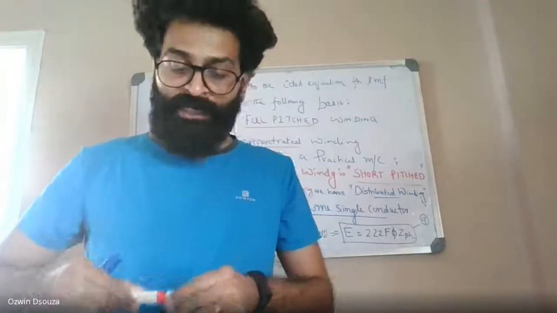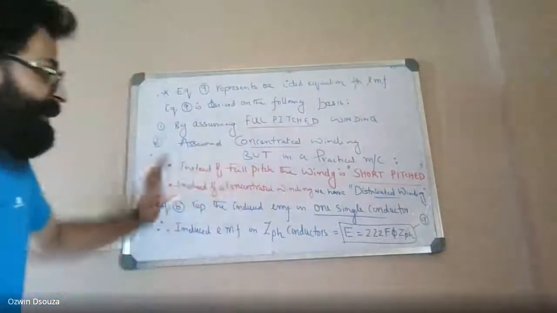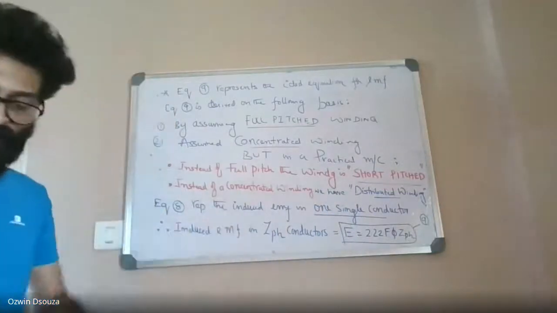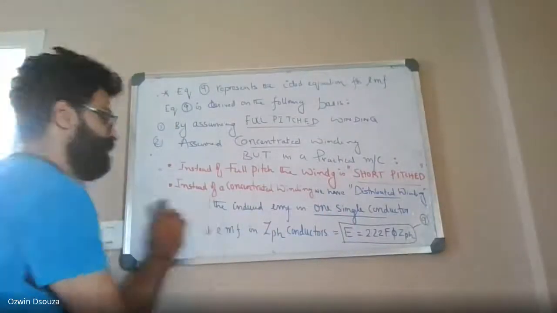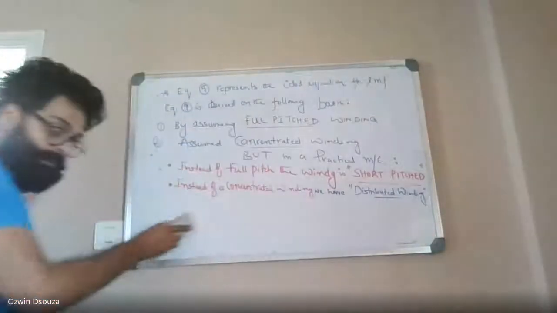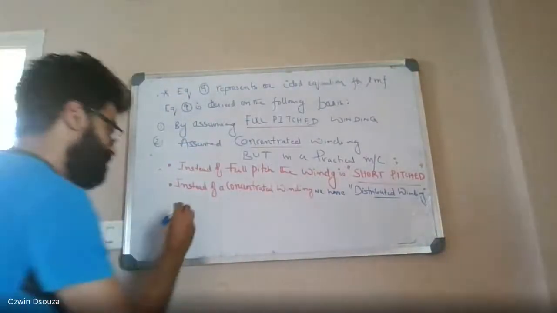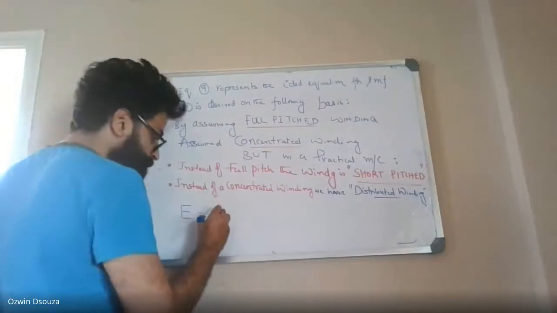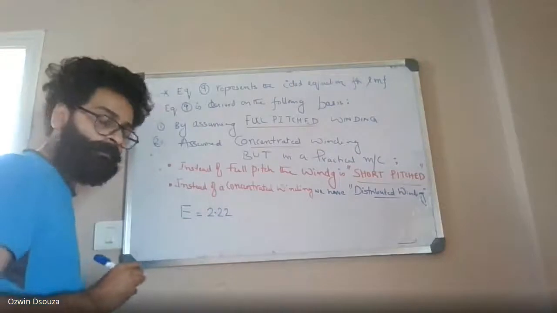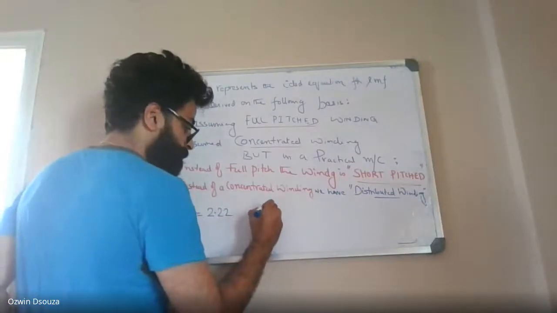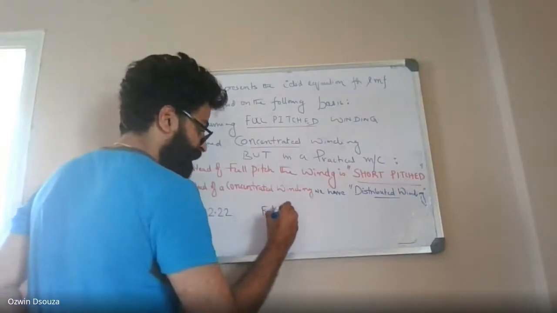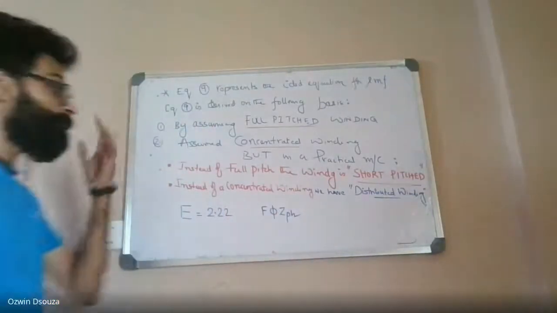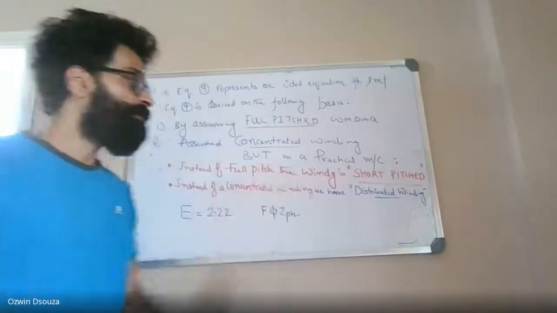By incorporating the winding terminologies, short pitched winding and distributed winding, the final EMF equation of an alternator is given as E equals 2.22 f phi Z phase, multiplied with two factors.